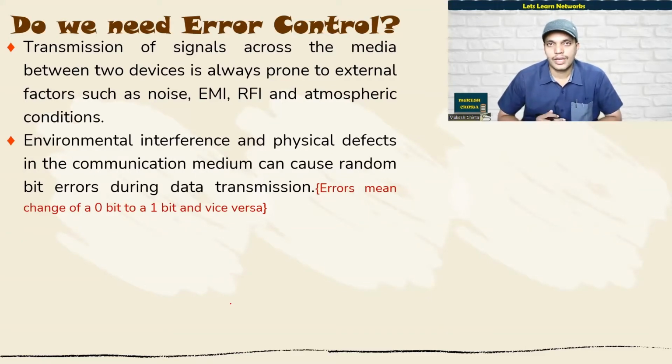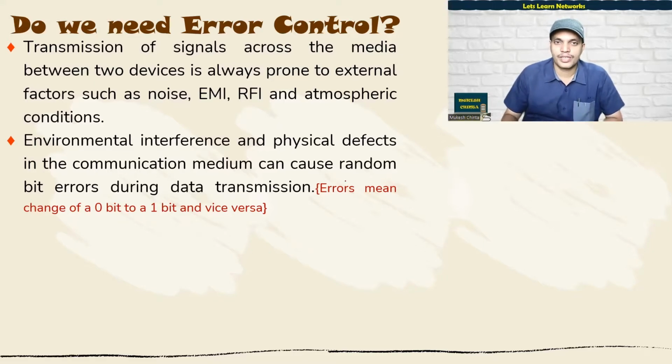The problem is, in computer networks, there is no medium which is 100% error free. I cannot guarantee that a medium does not induce any errors during transmission. When you convert the data into signals and transmit across the media, whether copper, optical fiber or even wireless, there are always external factors which will influence your transmission.